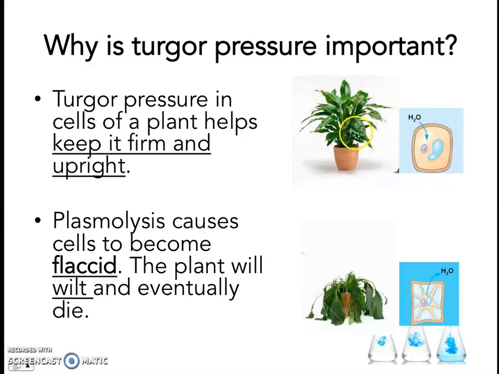This is especially important for plants that do not have hard tissue like bark. On the other hand, see this plant here, it has wilted. That's because it's not getting enough water, and so its cells are plasmolyzed. They are flaccid, not firm. So the plant wilts, and if this keeps up long enough, the plant will eventually die.